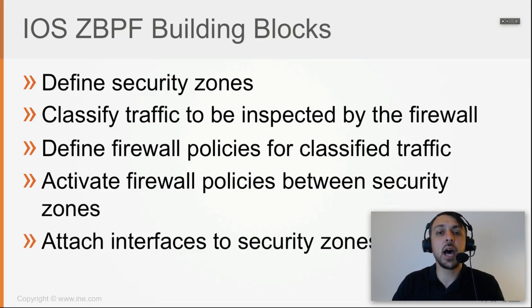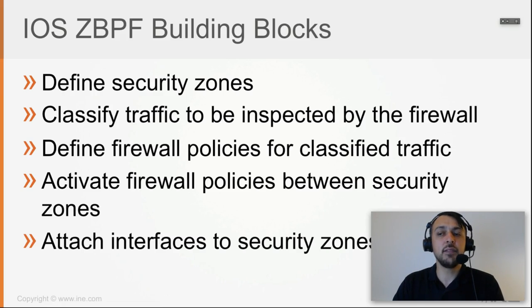If you read a lot of documents out there, in a lot of them it's not this exact order of operation, but this should be the order of operation that you use in a production environment. It's going to make a lot of sense when I go to the configuration part and once we've gone through the whole overview of this zone-based policy firewall.